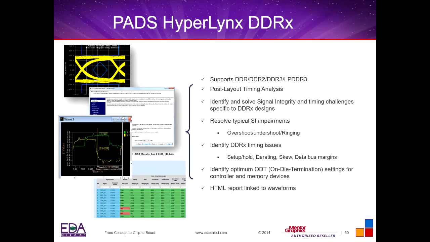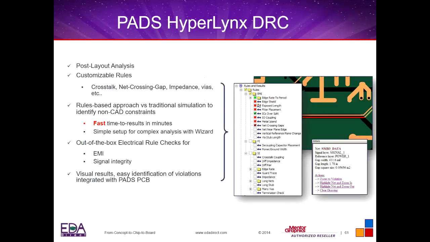So that's a nice little tool that's pulled out of Hyperlinks and made available to you, as well as Hyperlink's DRC. This is not the DRC that comes with the PADS Pro, but more of an electrical check, checking EMI, signal properties, PI, checking for things like nets that might go over multiple power planes that might cause problems.